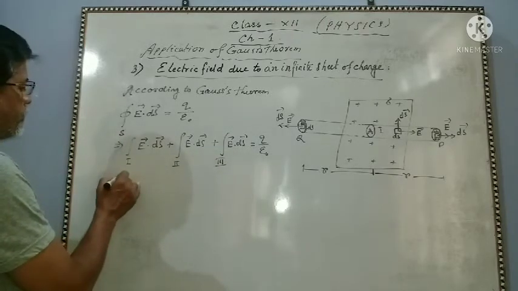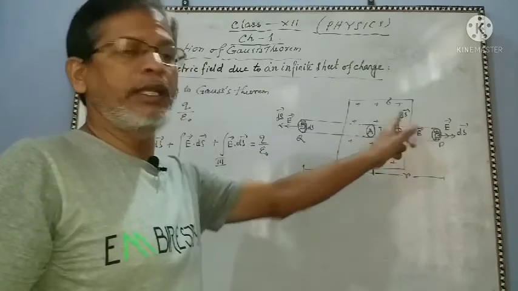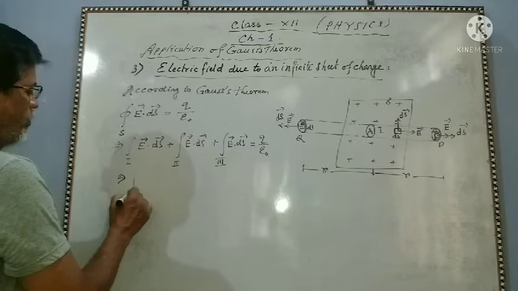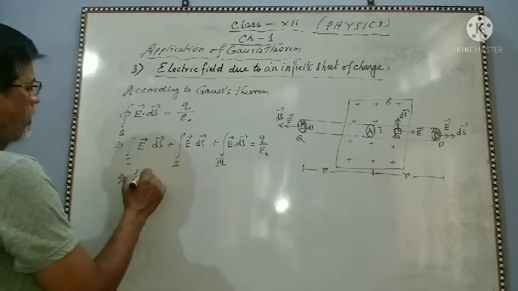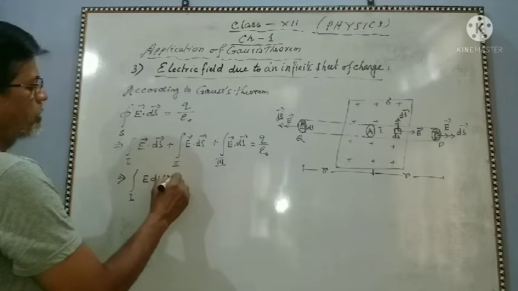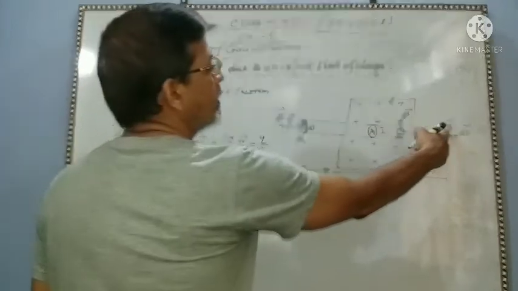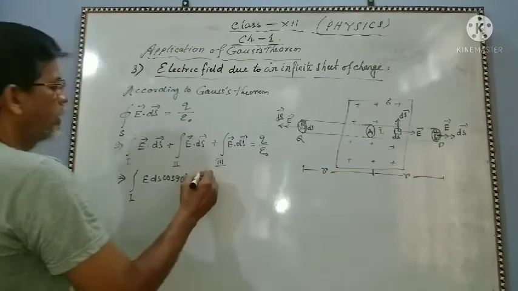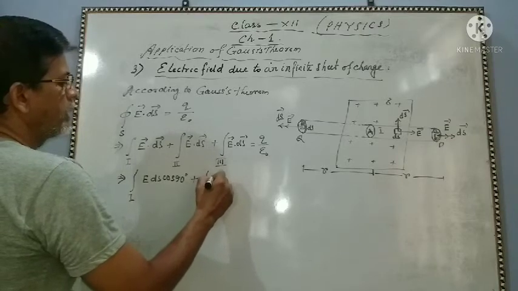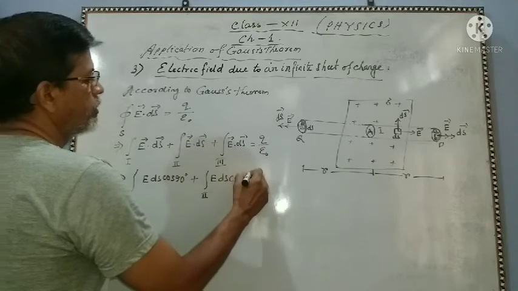Now you see, in part 1, what is the angle between them? 90 degrees. So part 1 is E ds cos 90 degrees. In part 2 the angle is 0 degrees, so E ds cos 0 degrees.